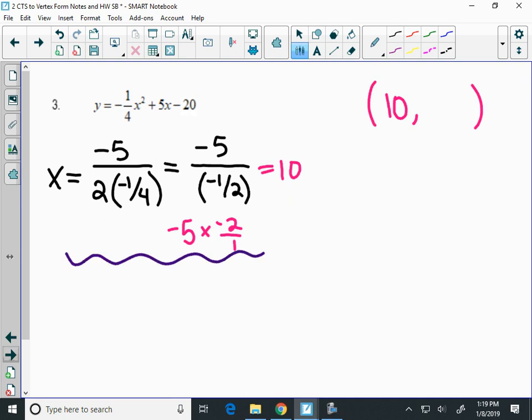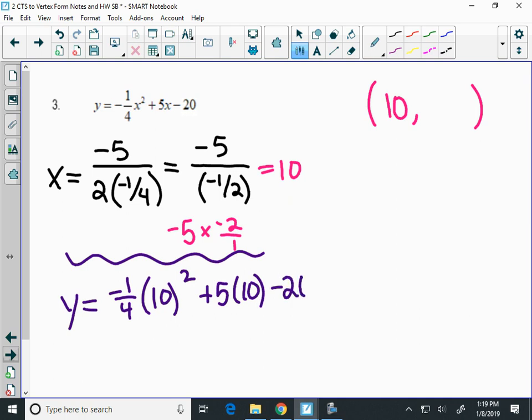And let's find the y. So y equals negative 1/4 times 10 squared plus 5 times 10 minus 20. All right, I have 10 squared, which is 100.